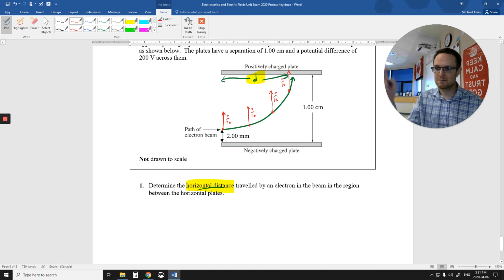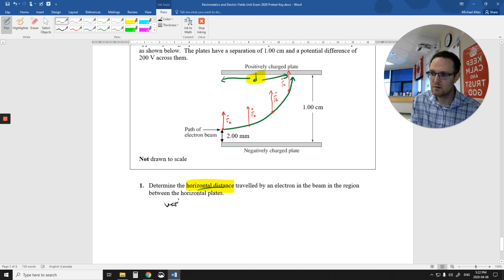Then it experiences this parabolic motion, and because the force is always perpendicular to its horizontal motion, it'll never change that horizontal motion. The force can only change the motion in the direction that it's actually acting. It's acting up and down here, so you can only change the up and down speed.